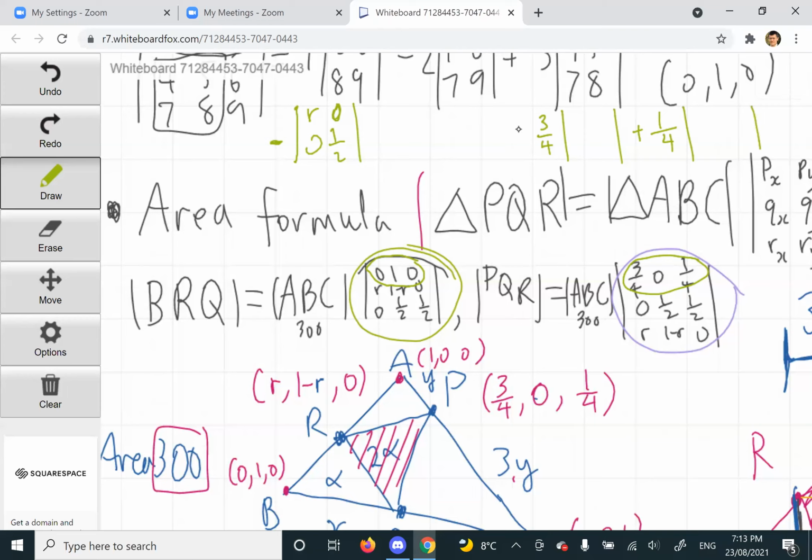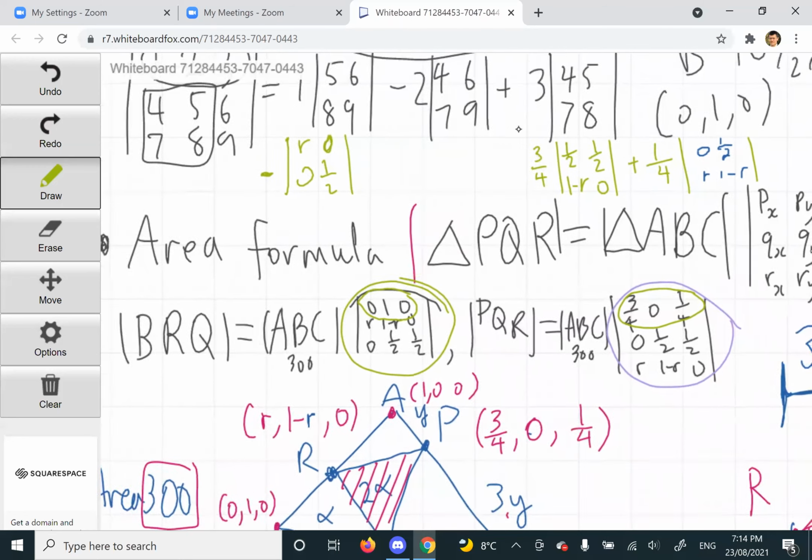So this something is half, 0, 1 minus r. This thing here is, oh, thanks, 0, half r, 1 minus r. Yep. Okay, good. I should have done it in purple, sorry.